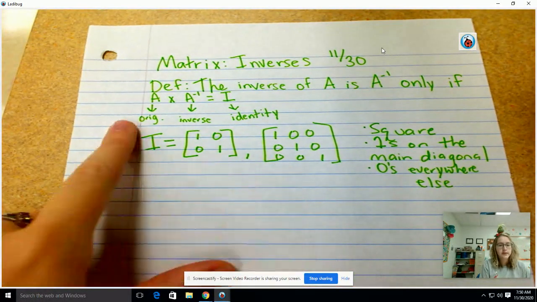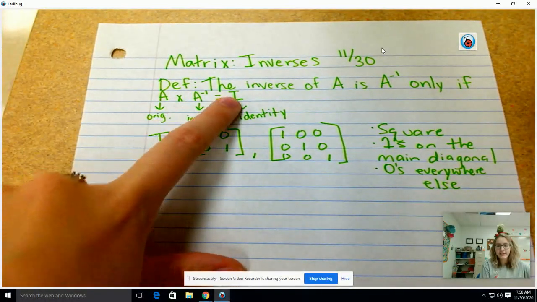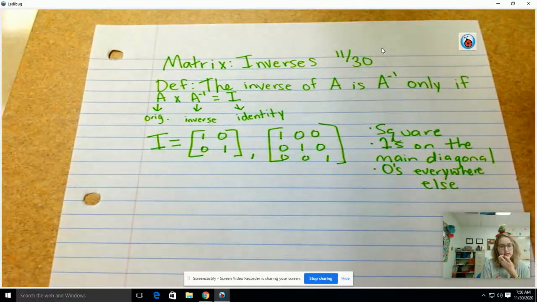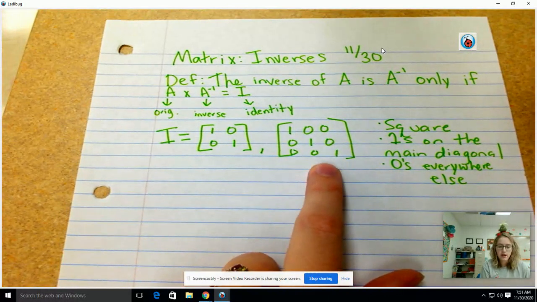So what we're looking for is what I can multiply my original matrix by in order to get this identity matrix. We're going to be dealing with 2 by 2s mainly, but I do want to introduce this. This is pretty common.